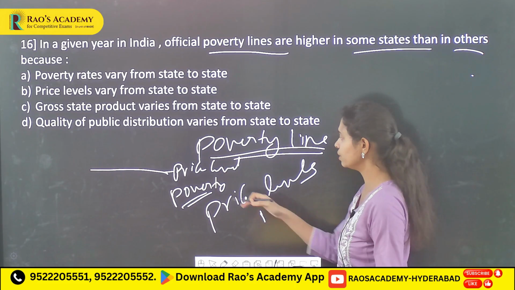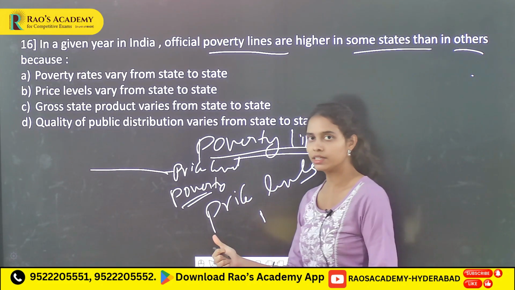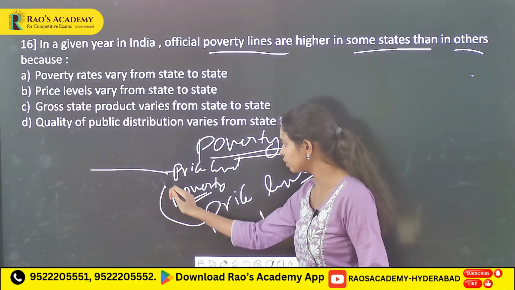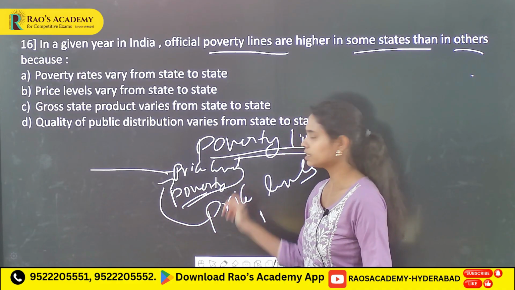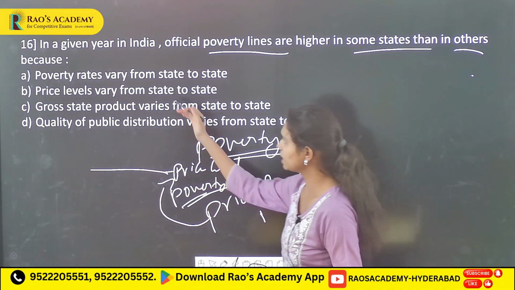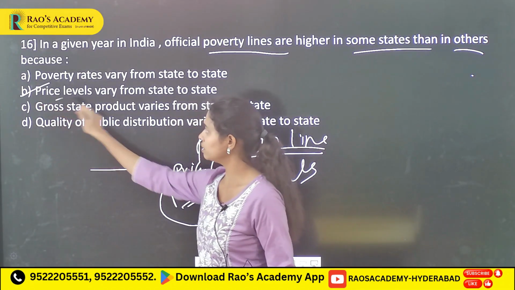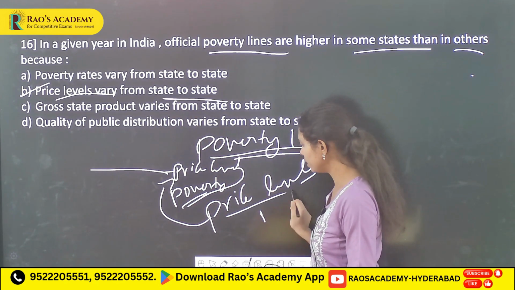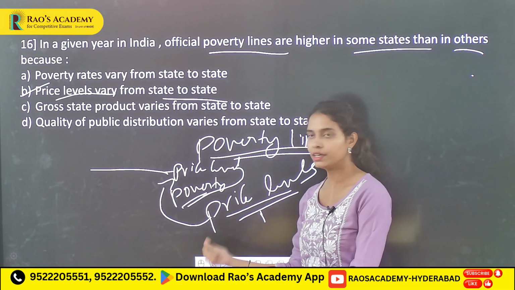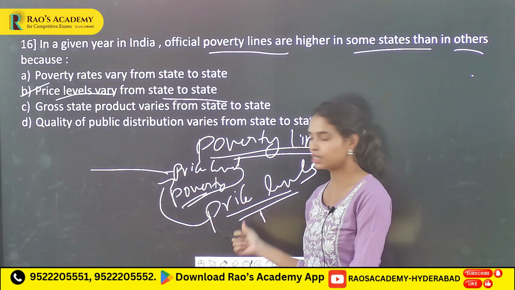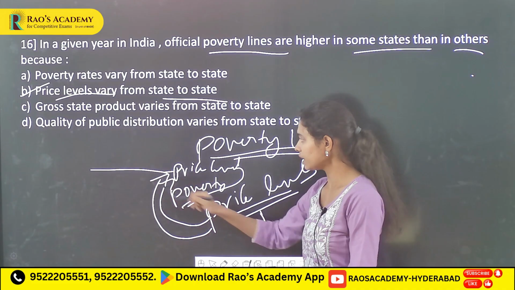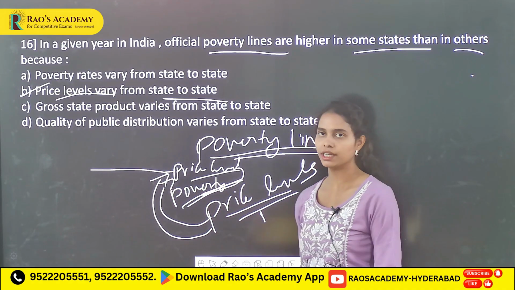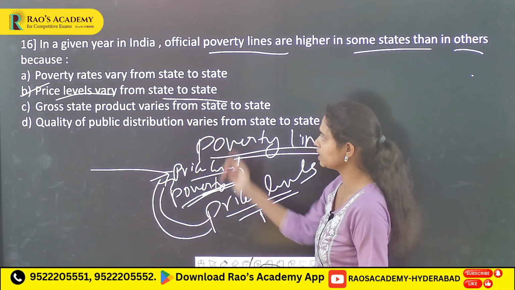Because of the difference in price levels of different products in different states, there are different poverty lines in different states. So option B is the correct one, which directly says that price levels vary from state to state. Because of the varying price levels in different states, it leads to a difference in official poverty lines. So option B is the correct answer.